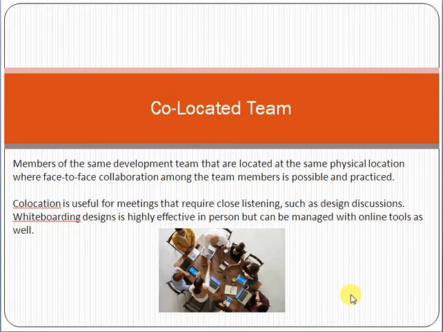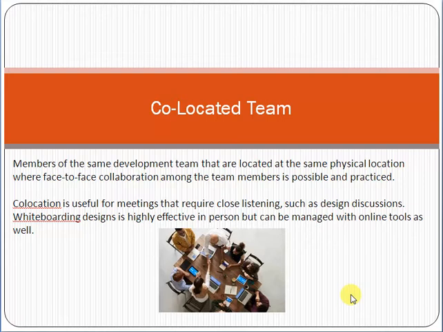And what is the advantage of that? If all people are sitting together, they can easily communicate with each other. For example, you need to discuss something with the solution architect, so as a project manager you can just go and sit with him and discuss what solution is required, what issues you are facing in the project. Similarly, if the development resources are facing some trouble, they can come to the project manager and talk about it.